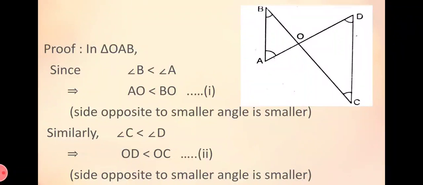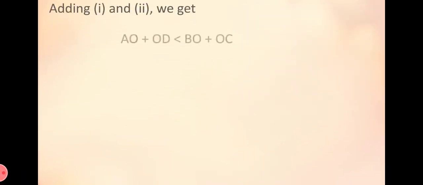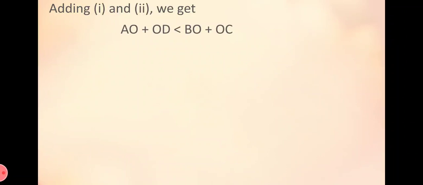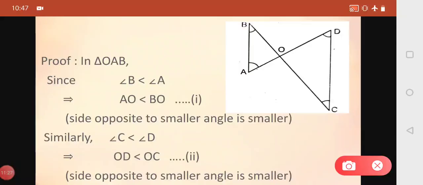Now we add equation 1 and equation 2. So adding equations 1 and 2, we get AO plus OD is less than BO plus OC. Yes, now when we add AO, this is our AO plus OD. Similarly, on the right hand side we add BO plus OC.